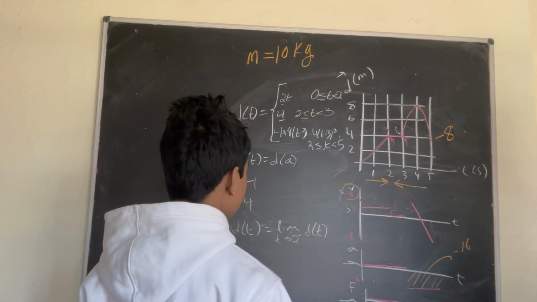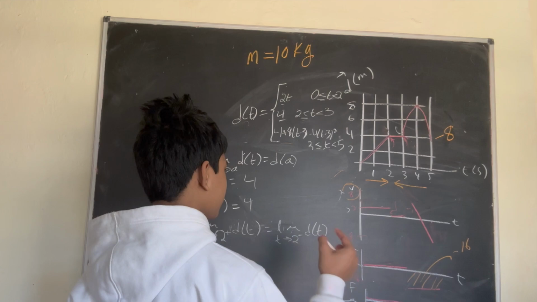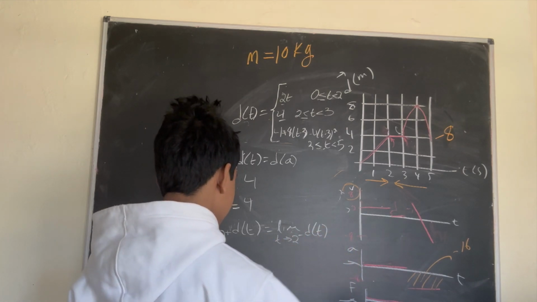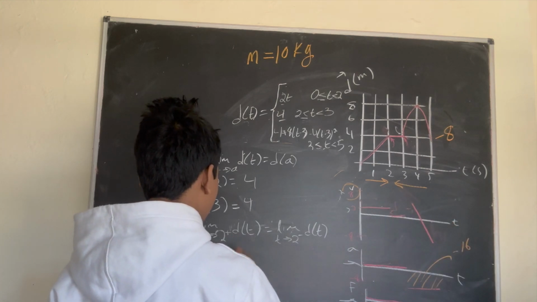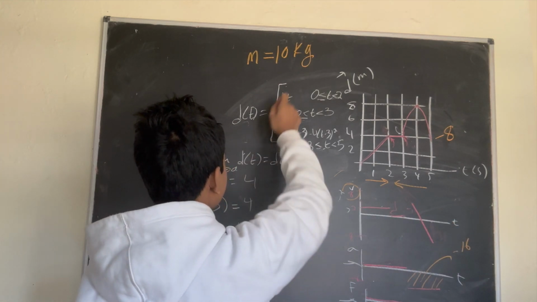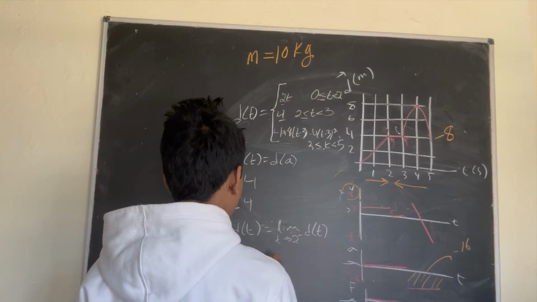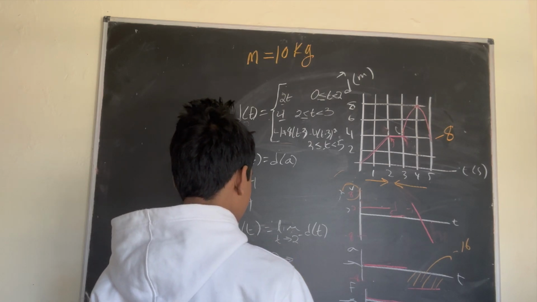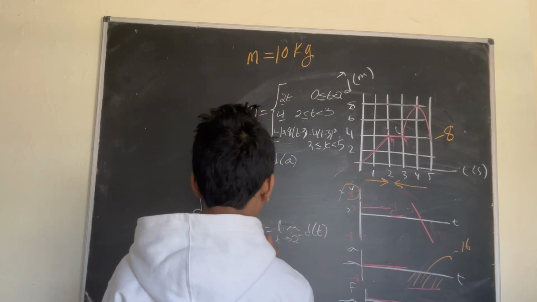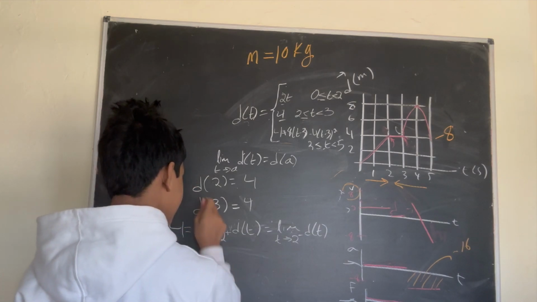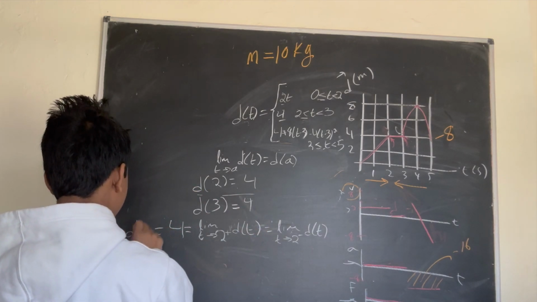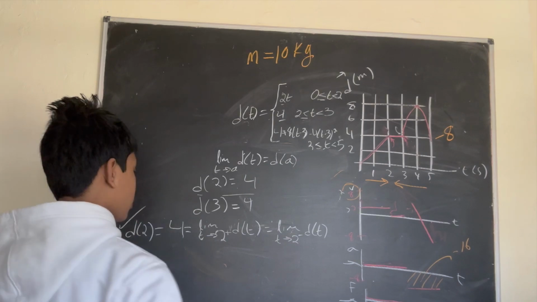I'm getting my signs confused, but whatever. One side of them is 4, and the other side of them is 2 times 2. So 4 is equal to 2 times 2, obviously. That works out. So both of them are equal to 4, which is also the value of d of 2, which means that this works out.